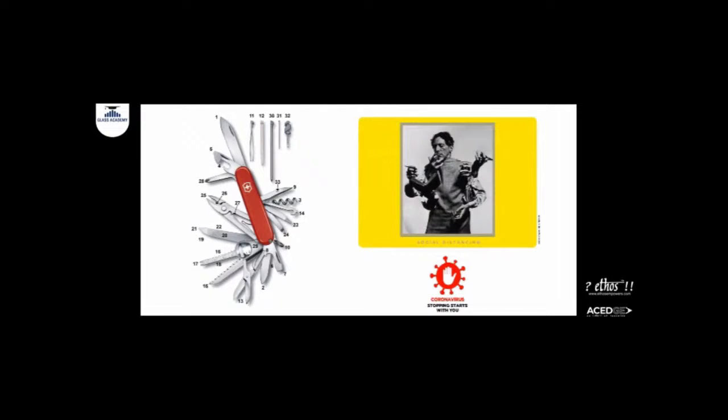Similarly, on the right hand side, this is a graphic we had done for the coronavirus campaign for one of my friends called Umbrella Design. This image shows the ability of a human being to perform different activities within a given set of infrastructure.